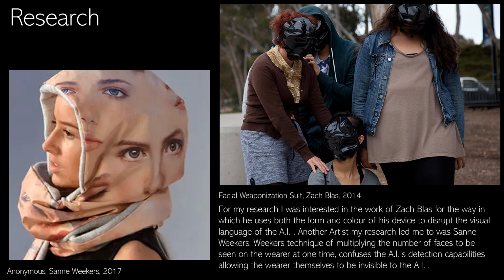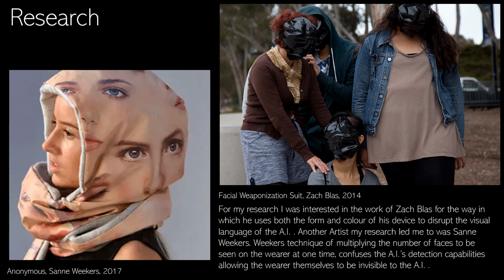For my research, I looked at many different artists. One artist, Zach Blass, I was really interested in the way they use color and form in order to mess up the visual language of the AI. For example, the use of the color black, because it creates all different levels of depth, it really messes with the way the AI is able to read the image.